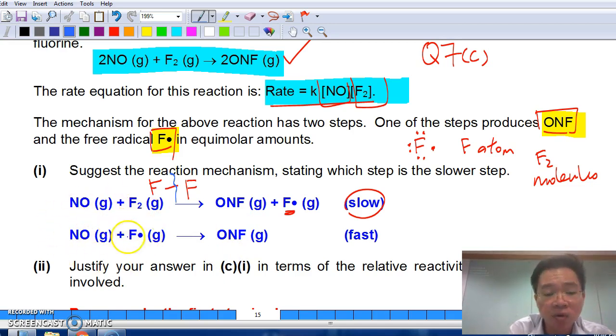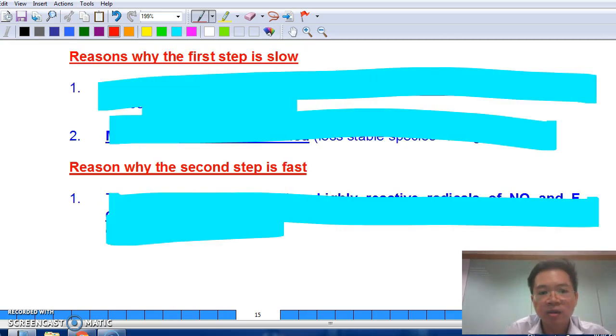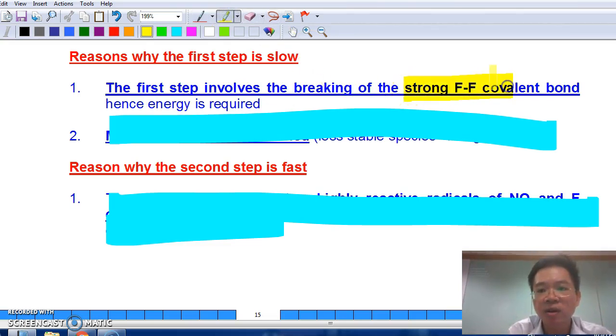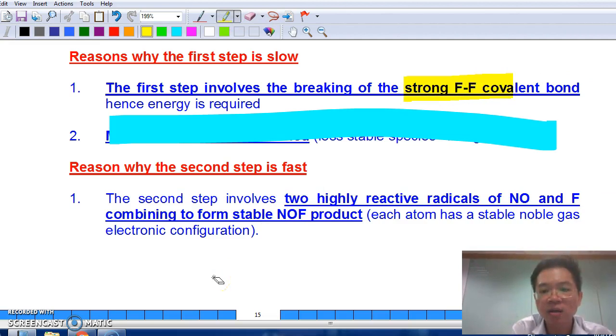Instead, there's forming of bonds, and we are also reacting away something which is very reactive. So it's reasonable that step 2 is the fast step, which requires lower activation energy. So step 1 is a slow step because there's breaking of the FF bond, and step 2 is fast because we have two highly reactive species reacting together.